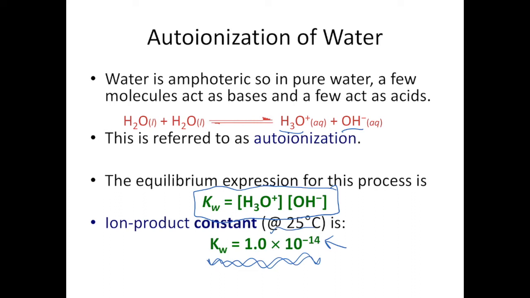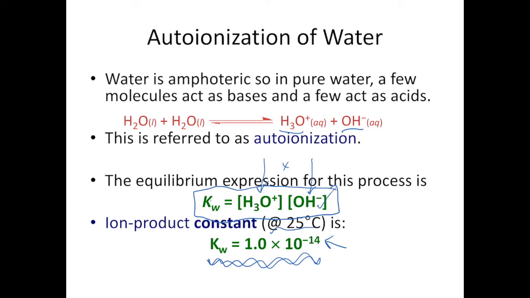So it's your equilibrium constant for water. That number we need to know. Remember that number is the product of my hydrogen ion concentration, or hydronium ion concentration, times my hydroxide concentration.